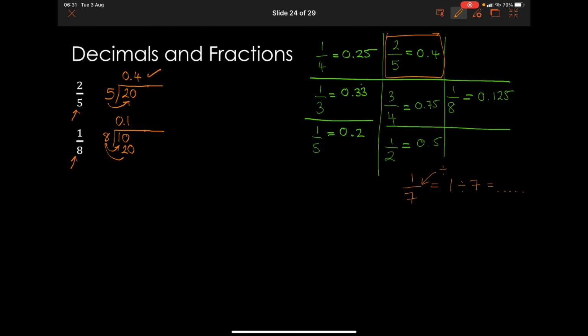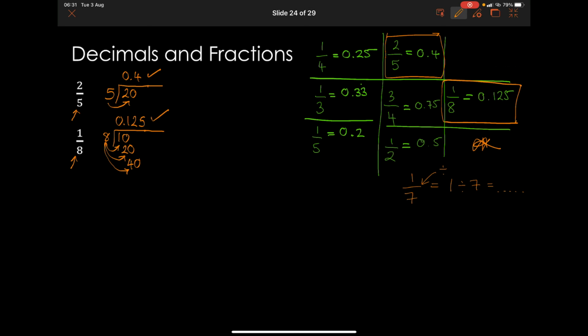How many 8s go into 20? Well, 2 8s are 16. And then 17, 18, 19, 20 means there's a 4 remainder. Add a 0. How many 8s go into 40? That's 5. So you're done. 0.125, which is what I wrote here. So if you're confident doing that, then it's fine. But these ones over here, I would learn them.